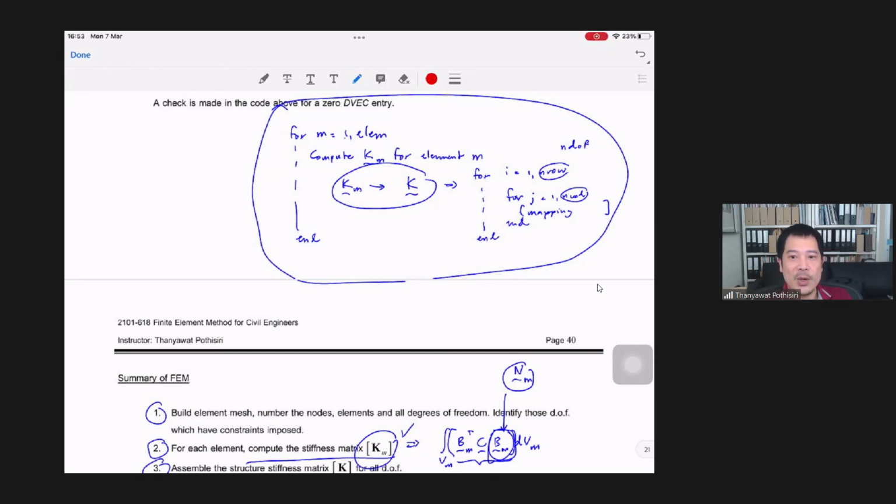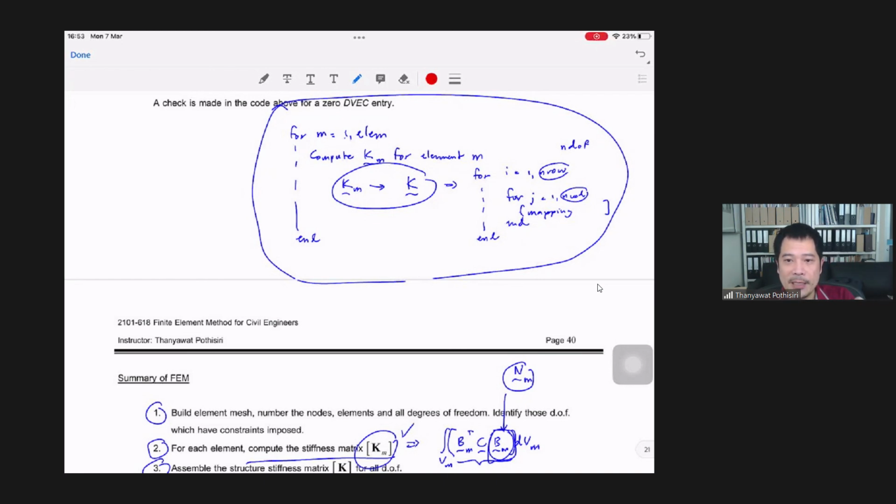With this displacement-based finite element approximation, the steps involved are, first, computing the element stiffness matrix.